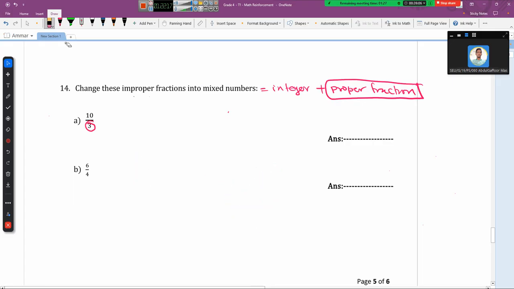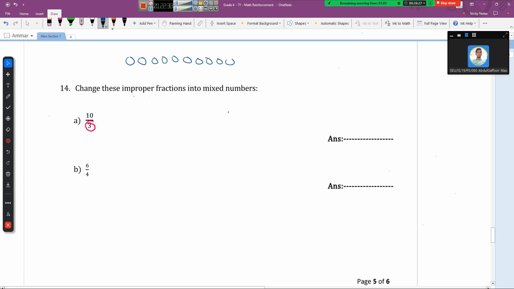So, how many full chocolates will each person receive? Simply 1, 2, 3, 4, 5, 6, 7, 8, 9, 10, right? So if you have 3 people, this is for the first one, this is for the second one, this is for the third one. Again 1, 2, 3, 1, 2, 3, right?